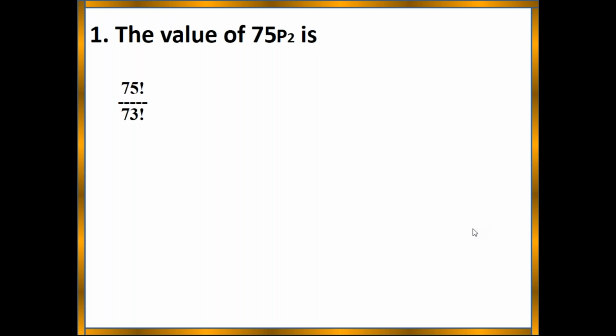Up to 73 factorial cancels. The left one is 74 into 75.